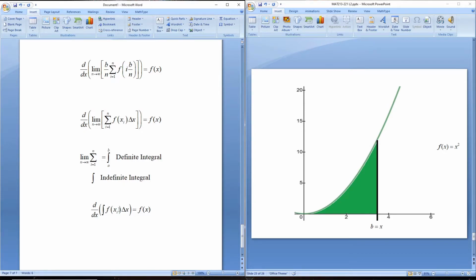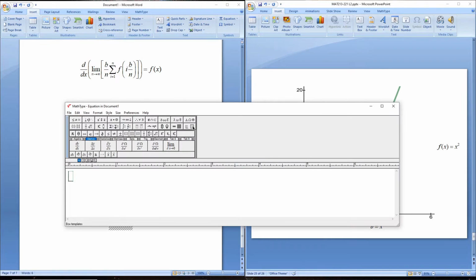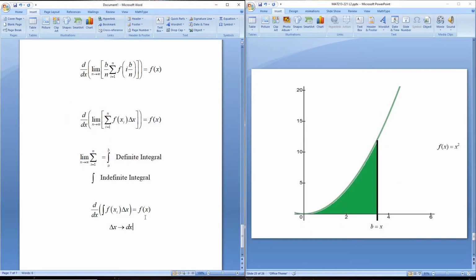Something else that changes here, if you recall, I mentioned this one or two times in class, is the change from algebra to calculus. In algebra you have delta x. This is a finite quantity, can be small or large. But in calculus, this goes to an infinitesimal, which is then what we write as dx.